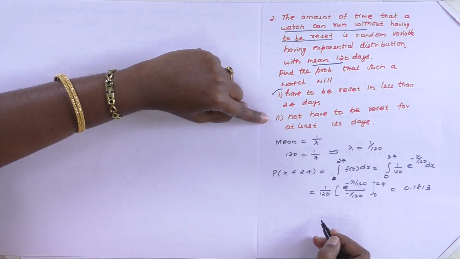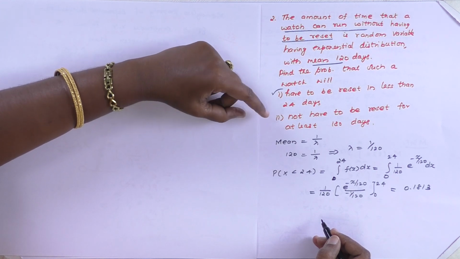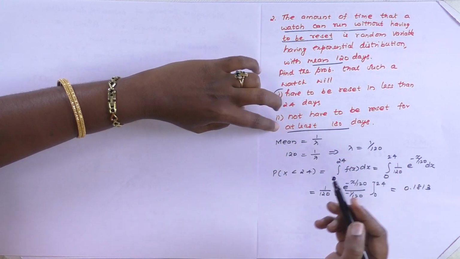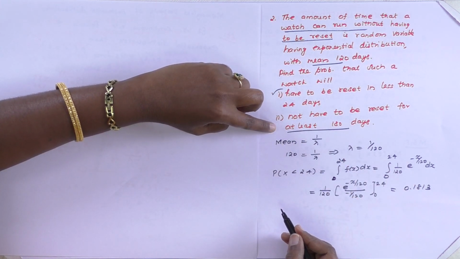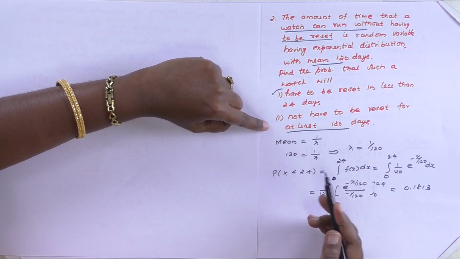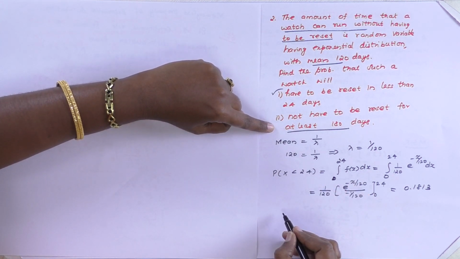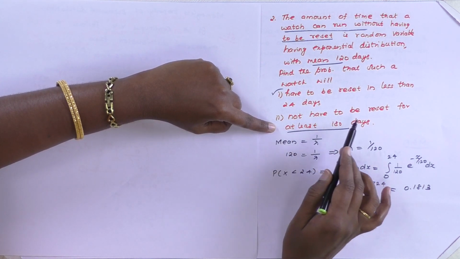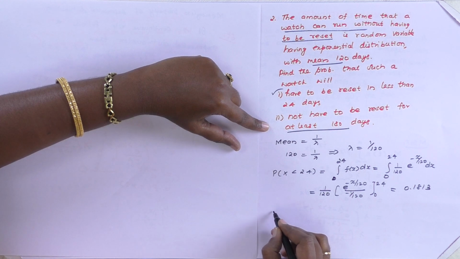Similarly, we have to solve the second subdivision: the watch not having to be reset for at least 180 days. Already the mean is given as 120 days. Now we have to find the probability that for at least 180 days the watch will not be reset.